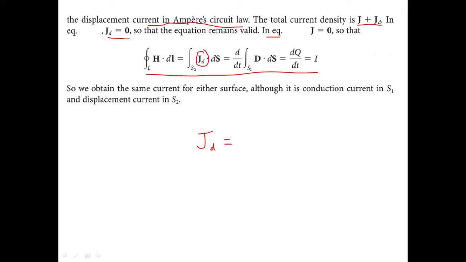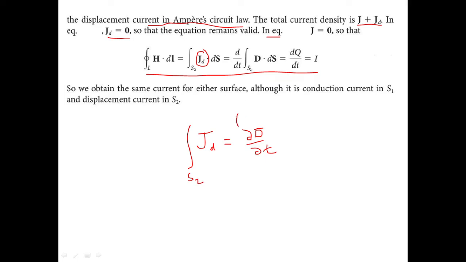J_D was equal to ∂D vector by ∂t. Correct. So now we have integration here for S2 over S2.